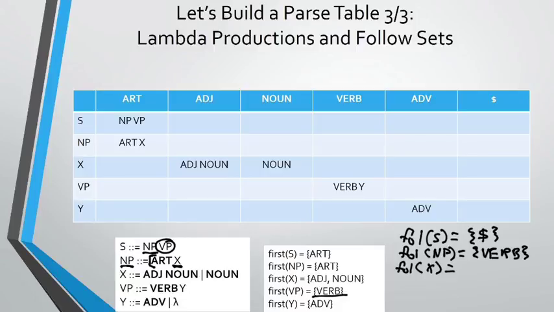All of this is a noun phrase. So what follows X? Well, whatever follows a noun phrase follows X. So it turns out that the follow of X is the follow of noun phrase. So it becomes the set containing verb as well. Okay. Moving on, follow of a verb phrase.